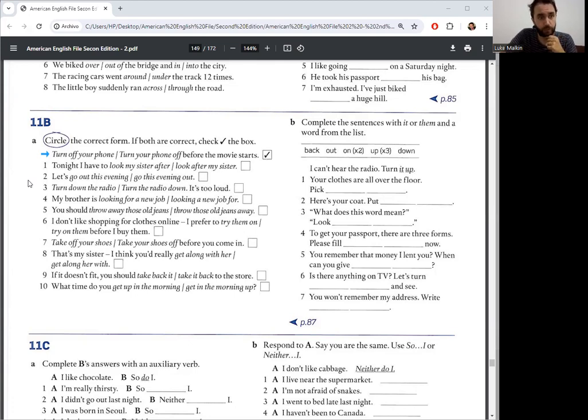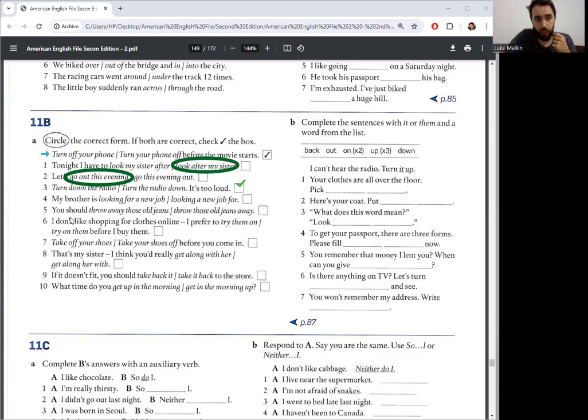Okay, number one, tonight I have to look after my sister. So look after is not separable. Number two, let's go out this evening. Number three, turn down the radio and turn the radio down are both good because turn down is separable.